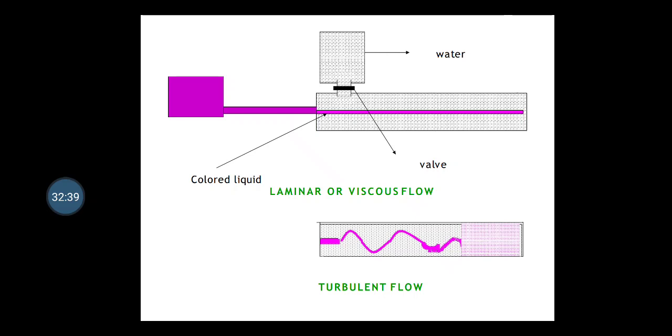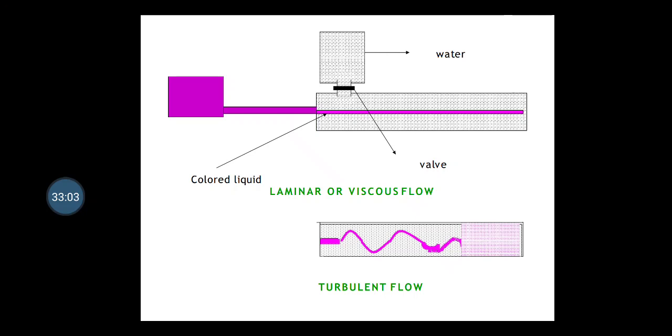So what does it mean? In case of turbulent flow, that is your second diagram, you will be able to differentiate the flow of colored liquid from the first tube, where it is very horizontal and parallel to the ground of your glass tube.